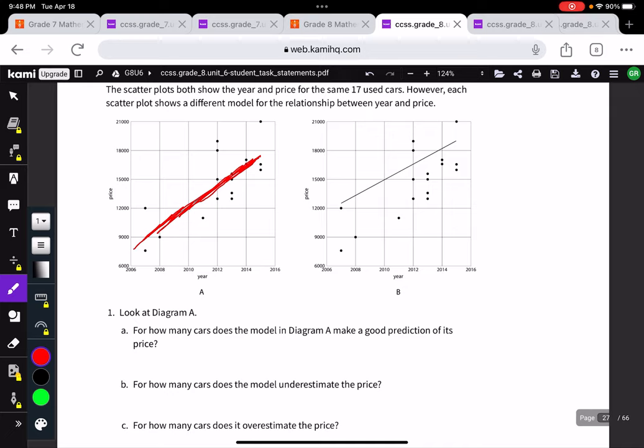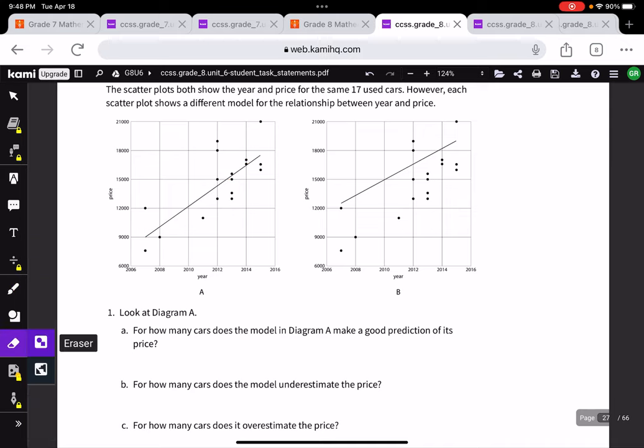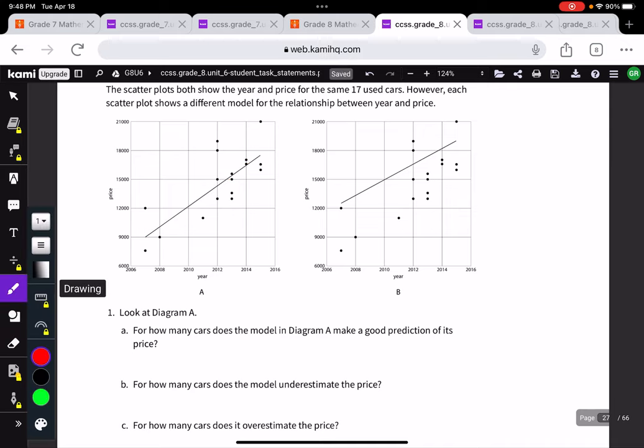So is that asking for all the dots underneath the line or above the line? I have to read that again because I'm not 100% sure. For how many cars does the model underestimate the price? So these 1, 2, 3, 4, 5, 6, 7. There are 8 cars that the model underestimated the price.